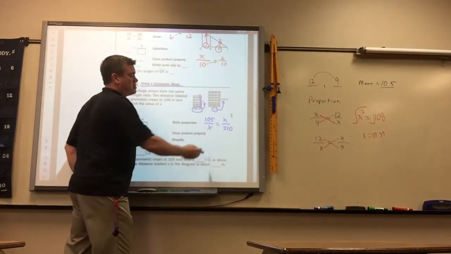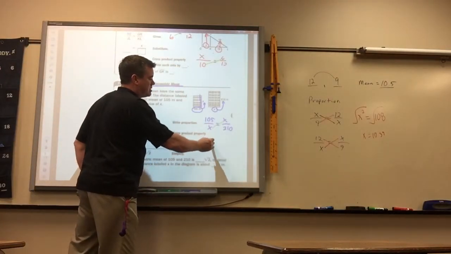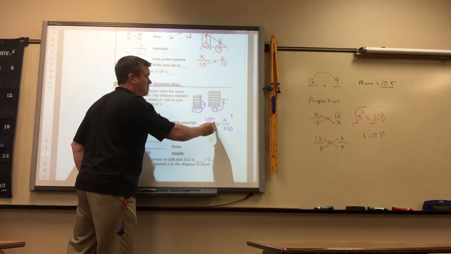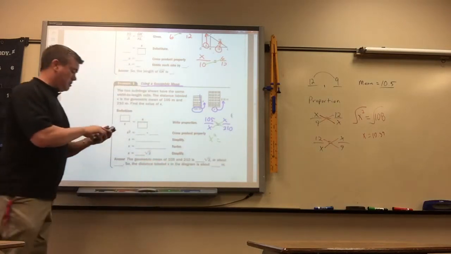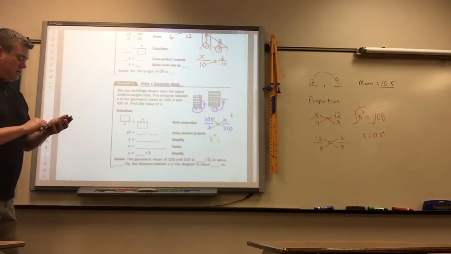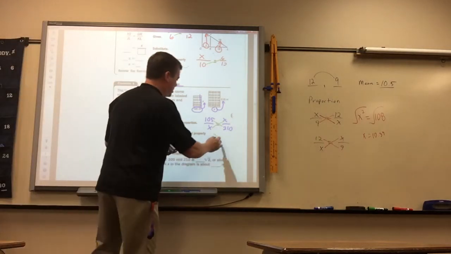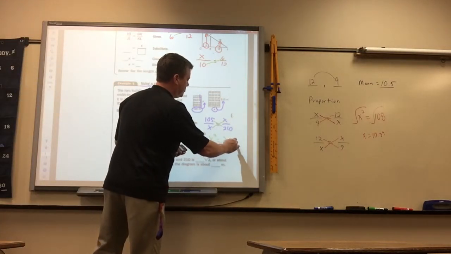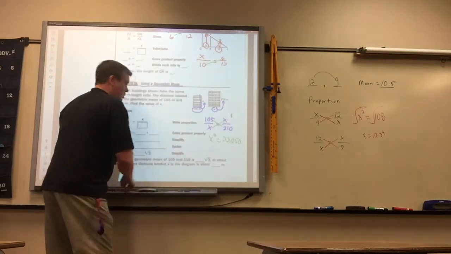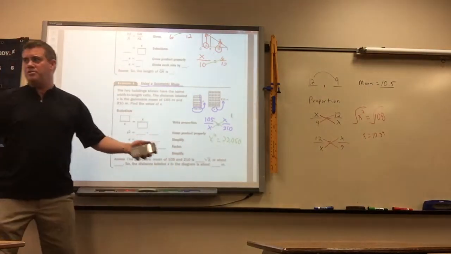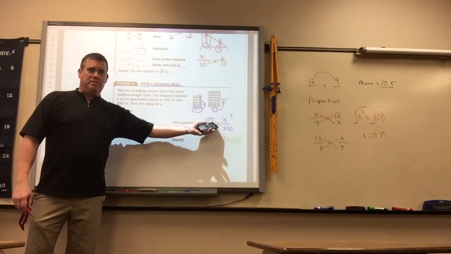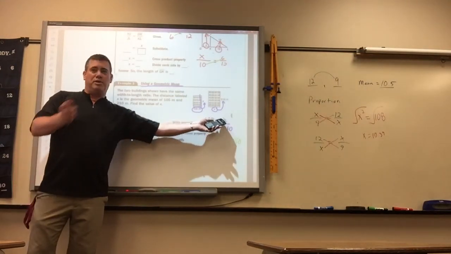So when you solve this, X times X is X squared equals 105 times 210, 22,050. Everyone understand how you set that up? The biggest mistake is people do what you guys first said.